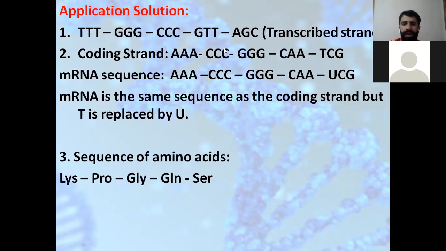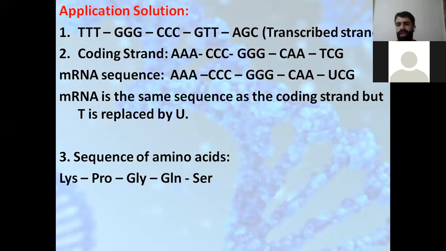One is going to ask me, sir, you said you don't have to put T. Yes, this is in the complementary. Here, A, what's the complementary of A? It's T, but we don't have to put T, so it's going to be U. G. The mRNA sequence, as I said, is the same as the coding one, but T is replaced by U.